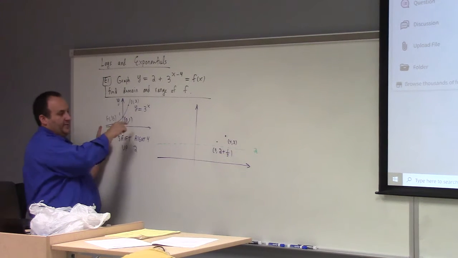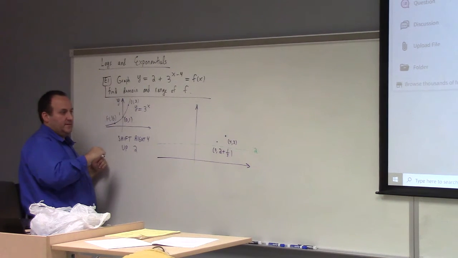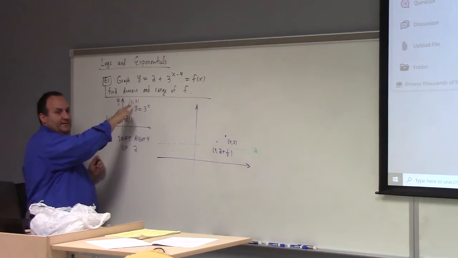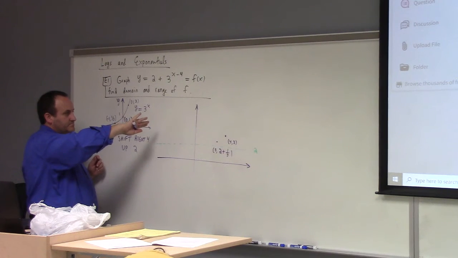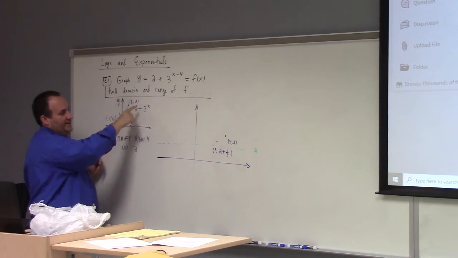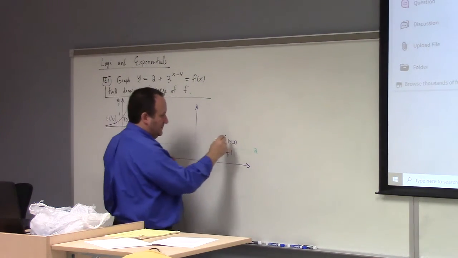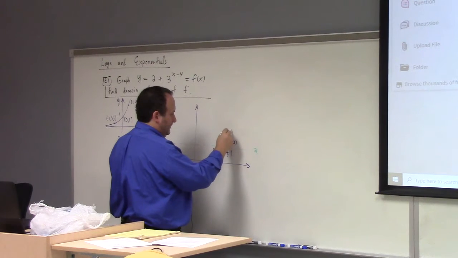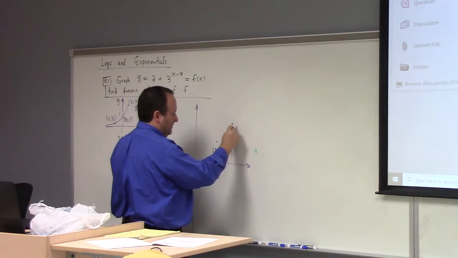Because we go over 4 and up 2. And then this point, 1, 3, I go over 4, which is, 1, 3 goes, what? It goes to 5, 5, actually, right? So something like this, yeah?